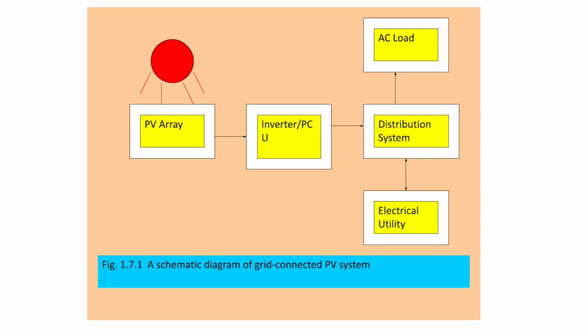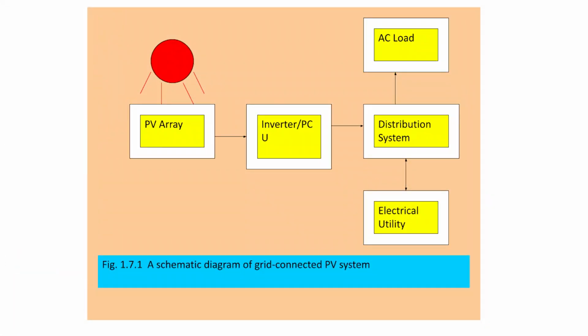That means the nature of supply is DC, because in any domestic purpose or household, whatever power we are using is an AC supply. So you need to convert the DC electrical power generated from the PV module into AC, and it can be converted with the help of an inverter, or you can say PCU.